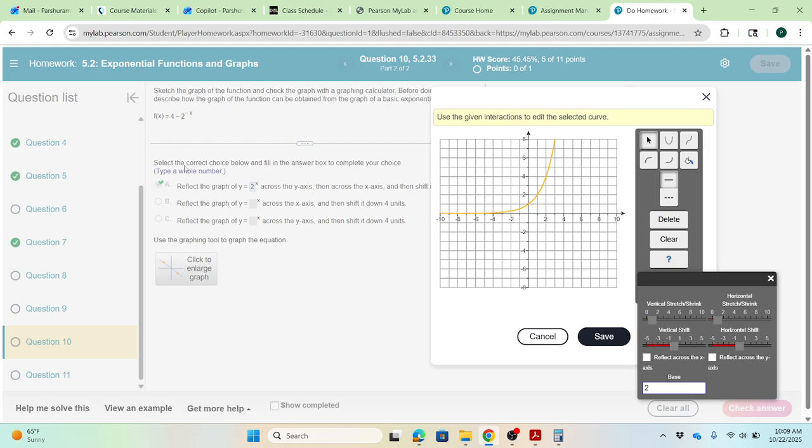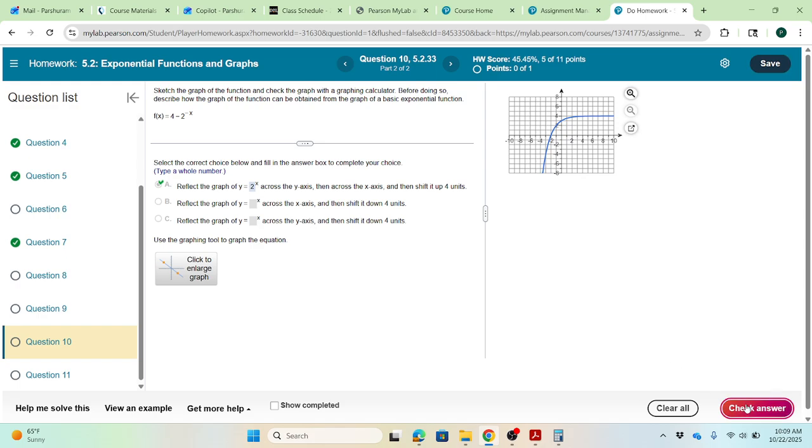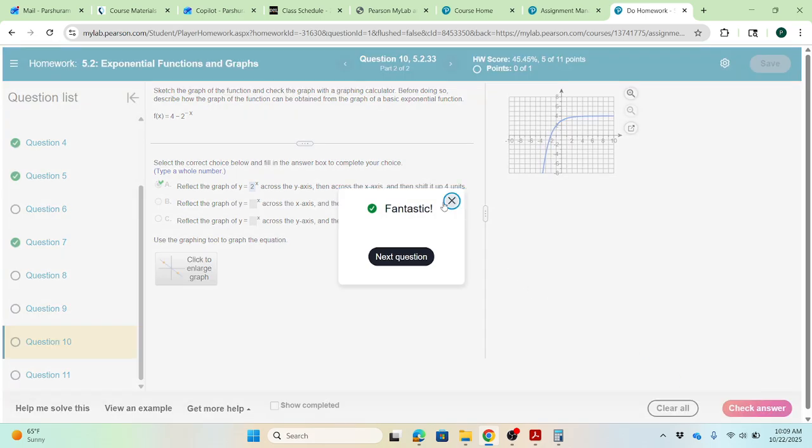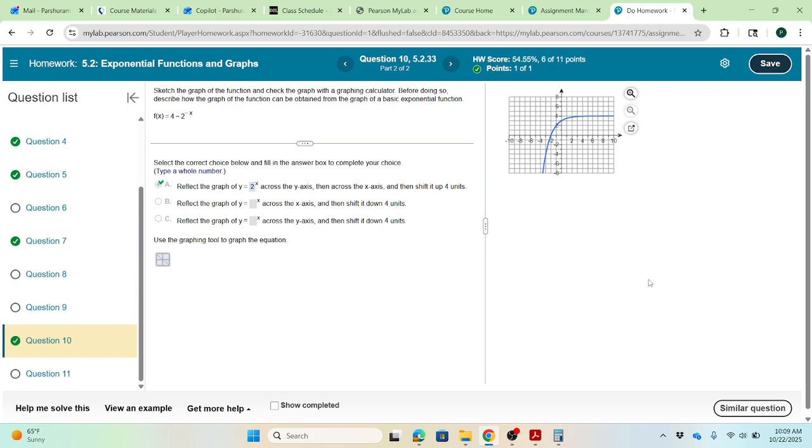Now we are doing the reflection across the y-axis, across the x-axis, and then a vertical shift. This one is a vertical shift 4 units up. Save. So these tools are very helpful while plotting the graph of exponential functions, and that's all for this section.